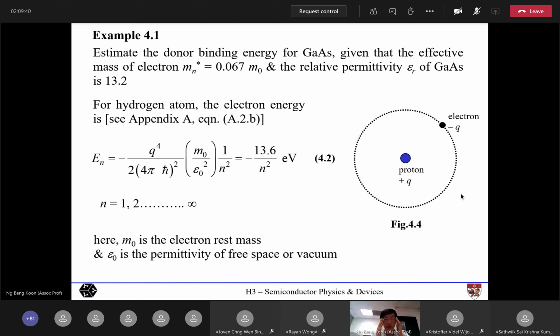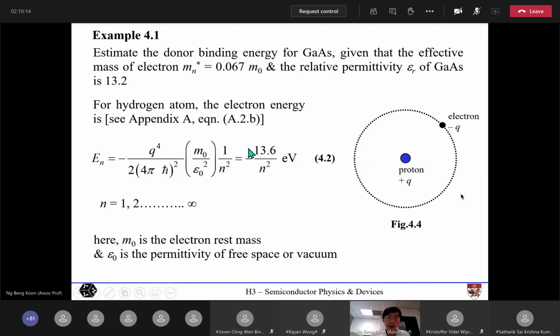From our discussion in lecture 1, or lecture 2, I can't remember, we see that the energy of this electron around a nucleus is given by minus 13.6 over n squared eV if you substitute in the various quantities. In the equation for the energy, there are a few terms, such as m0, which refers to the rest mass of the electron. So in the case of an electron in a hydrogen atom, we can just use the rest mass of the electron.